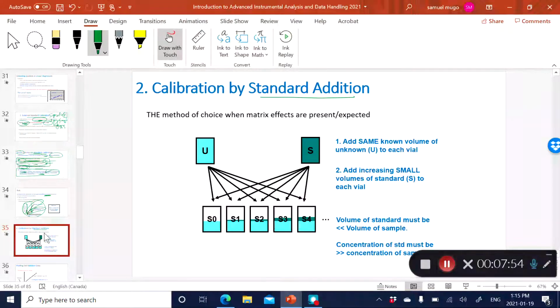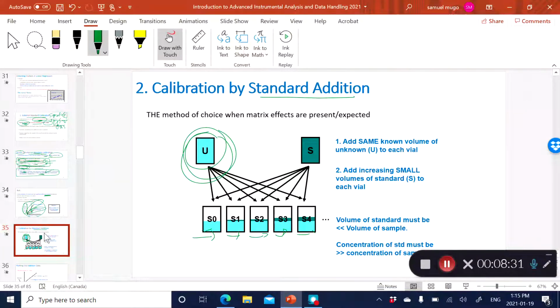Now, what is the standard addition calibration method? It's where you analyze the standard in the presence of the unknown. In practice, the way you do this is you take, say, volumetric flasks or containers in the lab, and then you pipette a known volume of the unknown, in equal volume for all the volumetric flasks.